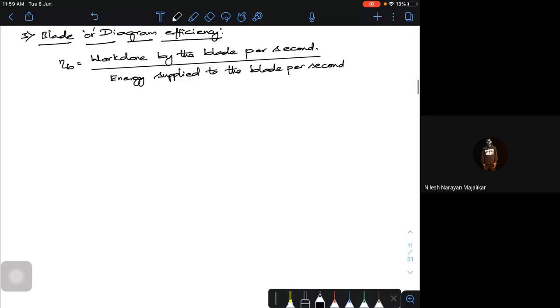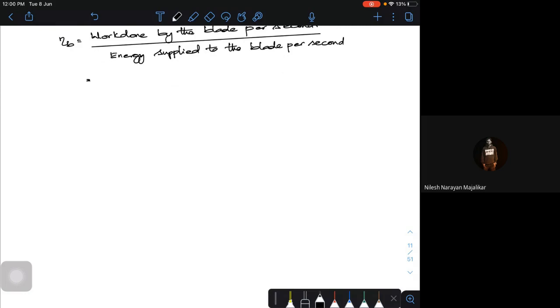Then what is your work done per second? Just now we defined that it is m dot into (VW1 plus or minus VW2) into U. This is my work done expression, divided by half mv square, that is 1 by 2 into m dot into V1 square.